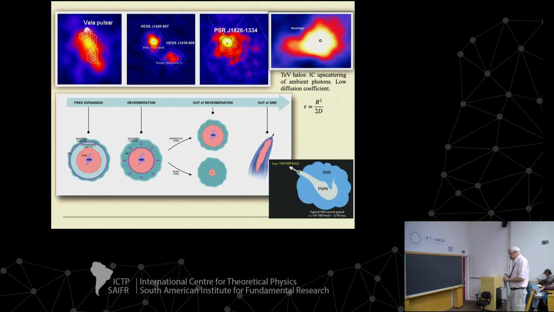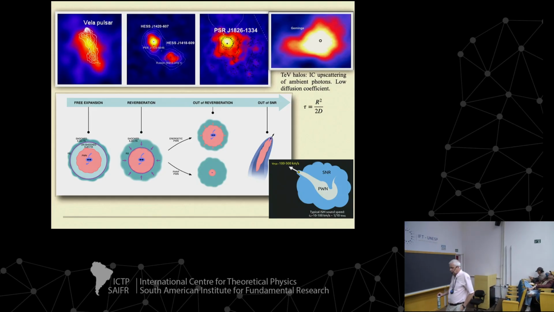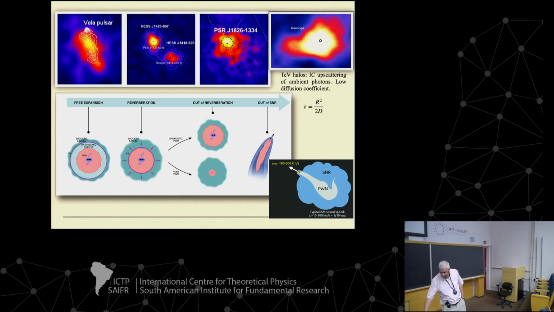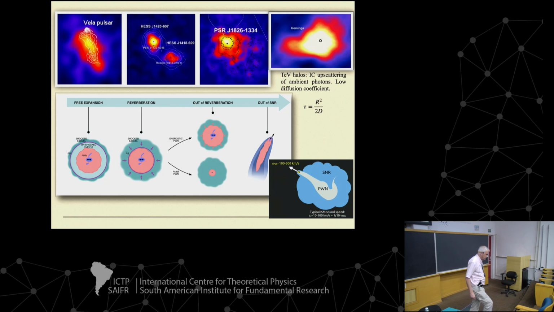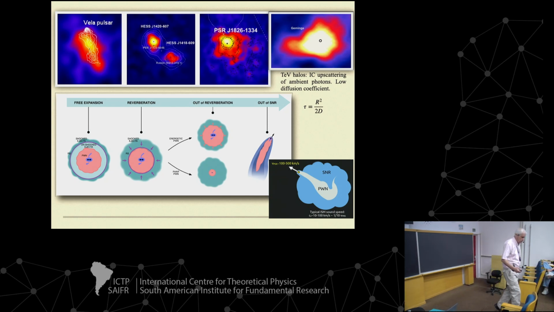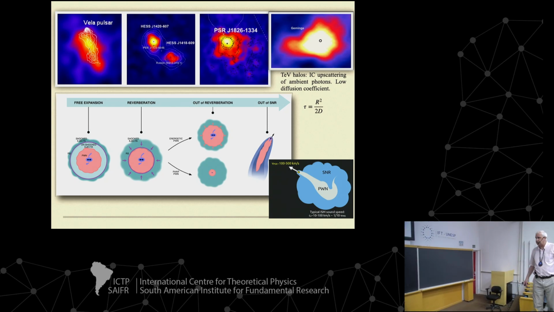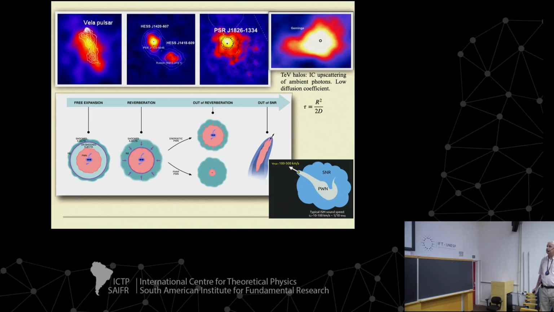Of course, the Crab is not the only pulsar wind nebula inside a supernova remnant. I mentioned that there are something like 70 other cases known in the galaxy. None of them is as extreme as the Crab, but in some cases there are some very interesting phenomena.